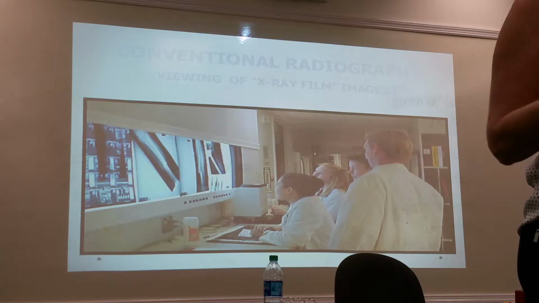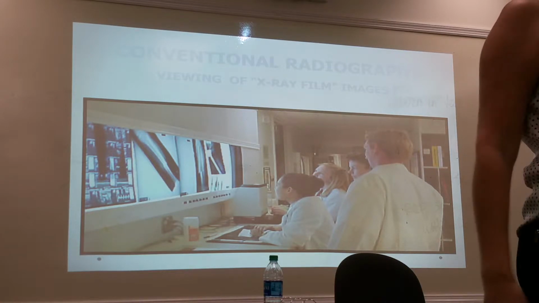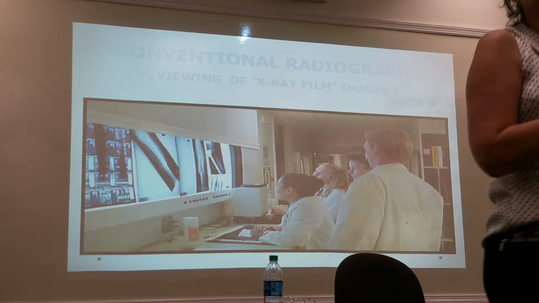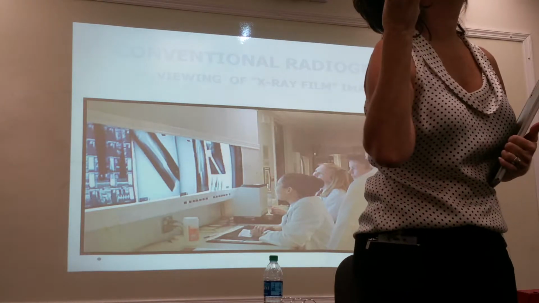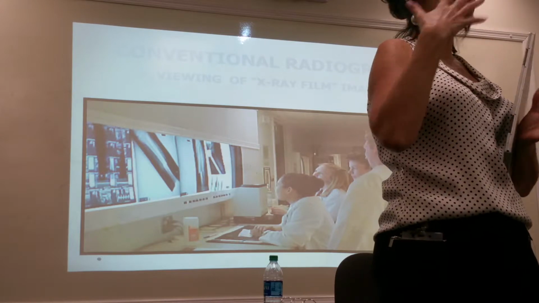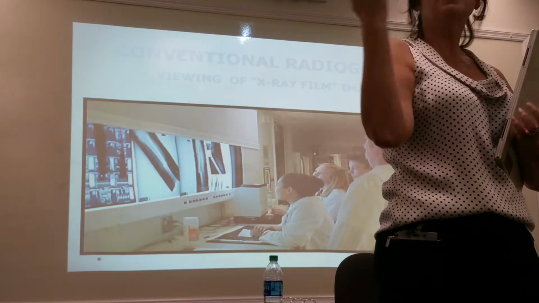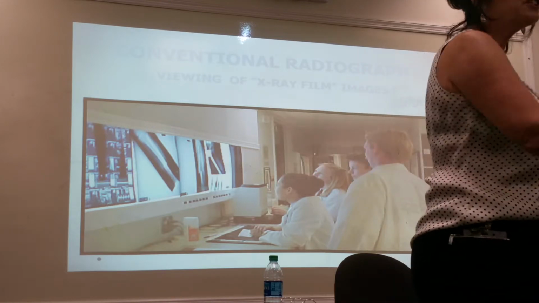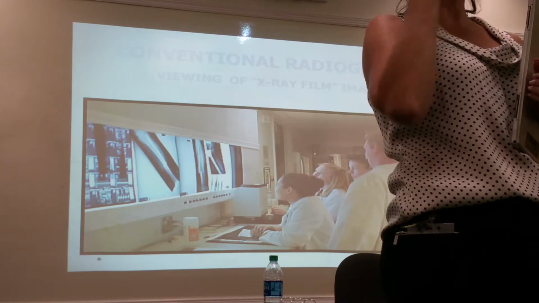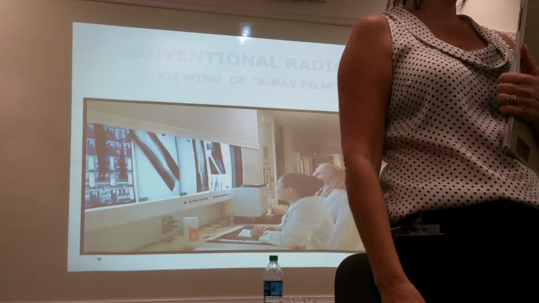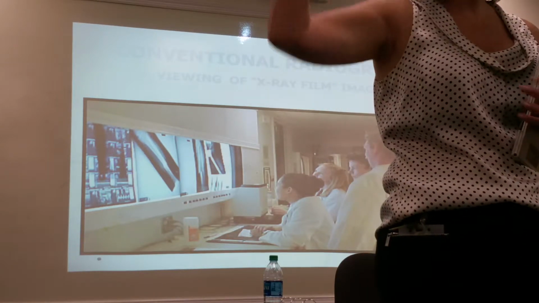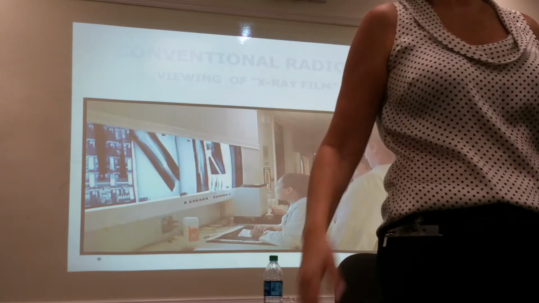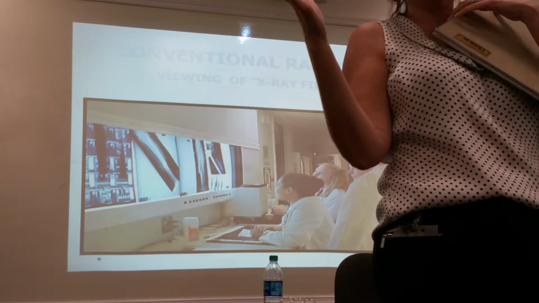It could be a beautiful X-ray, but you put that film in a processor and you cross your fingers, because the processor, they have books on troubleshooting a processor. They tear up the films if the rollers aren't right, if the chemicals are too hot, if the concentration's not right, if the filter's not working, if the darkroom lights aren't appropriate, if the darkroom lights are too close to the tables. I could go on and on and on with horrors of processing.